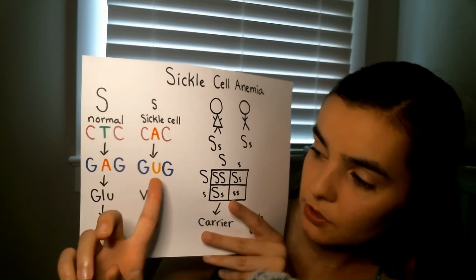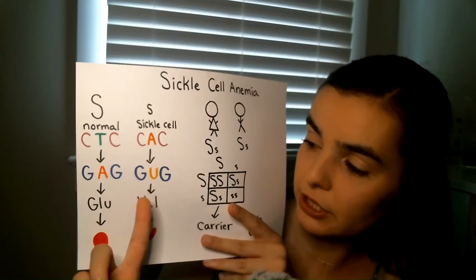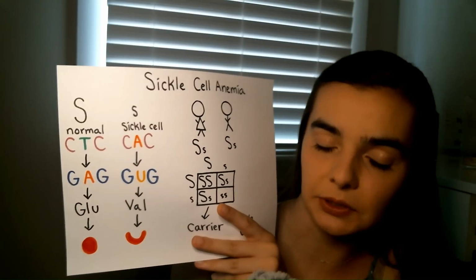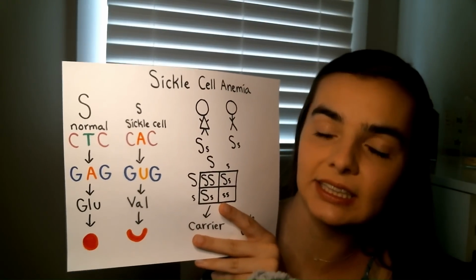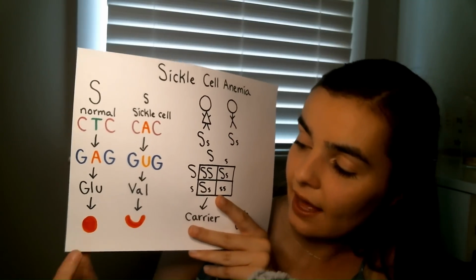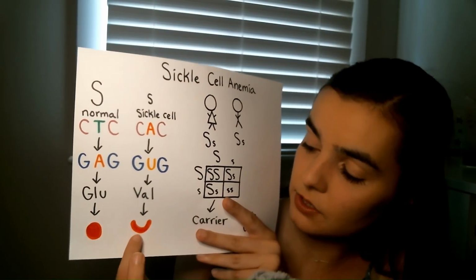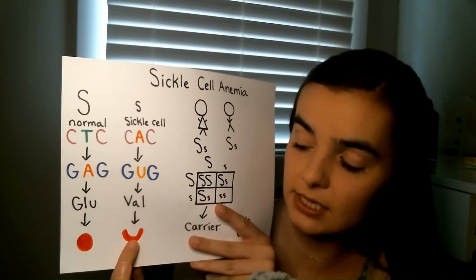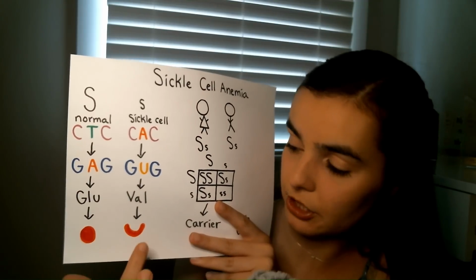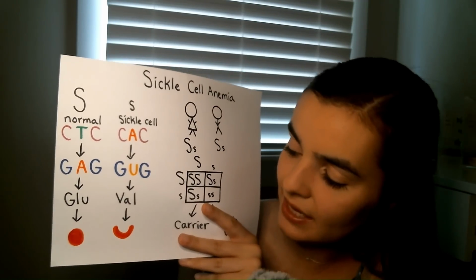And so when it is transcribed, you get GUG, and that now codes for a valine. So again, missense mutation. We have a different amino acid than what we want, and that leads to a misfolded protein, and it leads to red blood cells that look like this, which is known as a sickle shape. And that's where sickle cell anemia comes from.